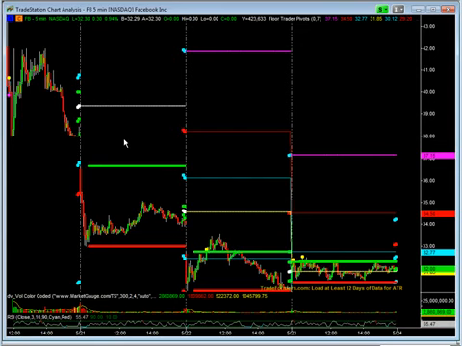Here's our 5-minute and our 30-minute. Okay, so 5-minute and 30-minute. We break out of the 30-minute, but we're in a negative pivot condition. So we're looking for opening range reversal.